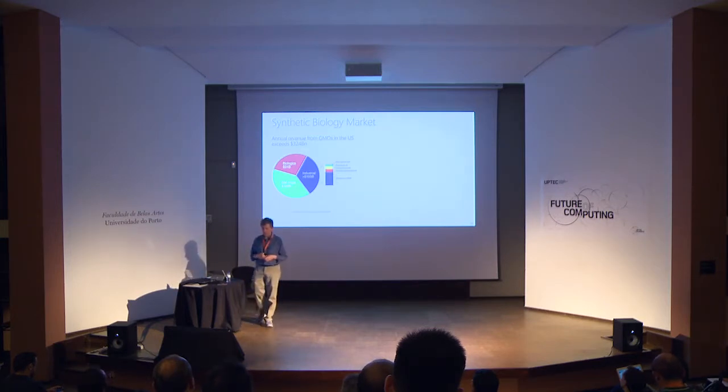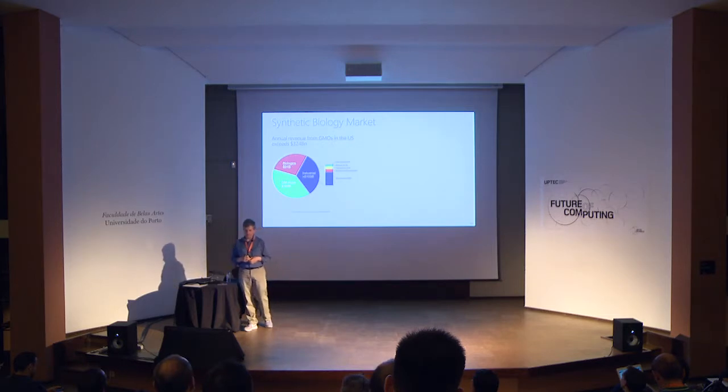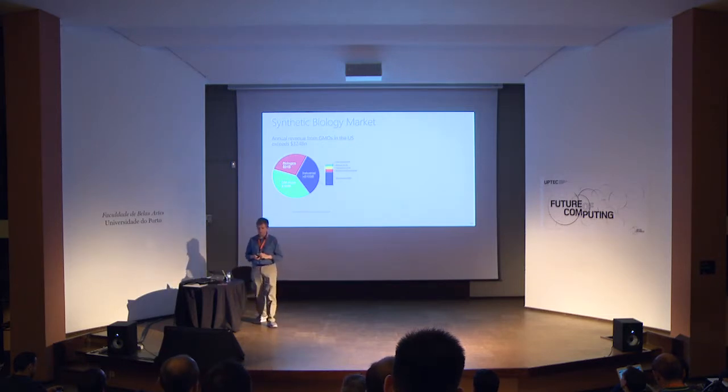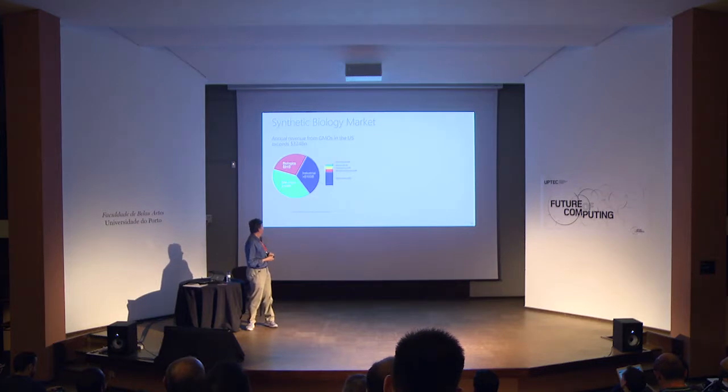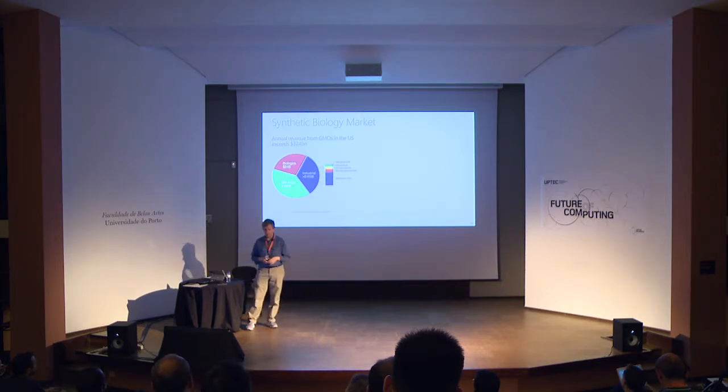You probably know that Apple and Amazon are on the way to becoming trillion-dollar companies, but this technology is just starting right now. It's already a third of that. And in the US, you have this split almost evenly in three parts. These genetically modified crops, you know what they are.